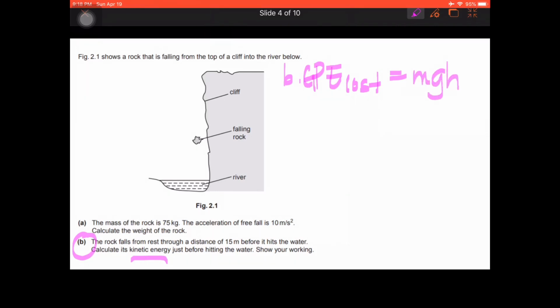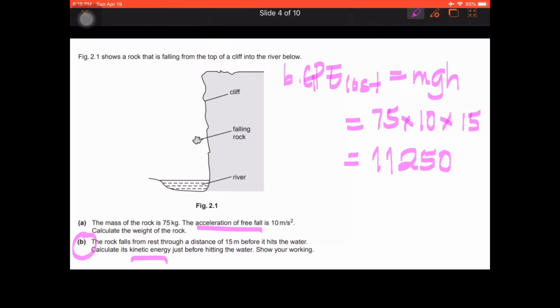Therefore, m is 75, times 10, which is the acceleration of free fall, times the height it traveled, 15. If you multiply all of these numbers together, you are going to get 11,250. And do not forget the SI unit, joules. This is the final answer for letter B.